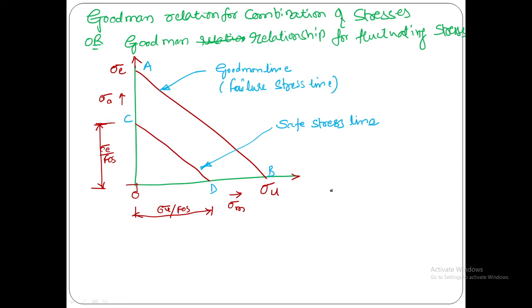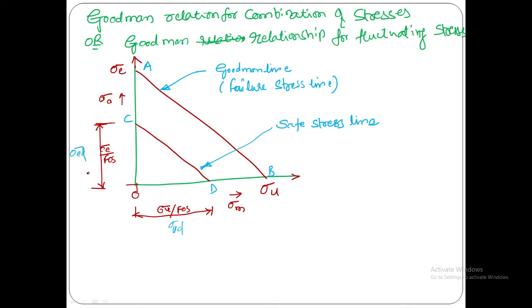As we need to design the component within some safe stress value, let us take FOS as the factor of safety. So the safe stress in terms of sigma u, the allowable or design ultimate stress, let us denote as sigma ud, and this is sigma ed.